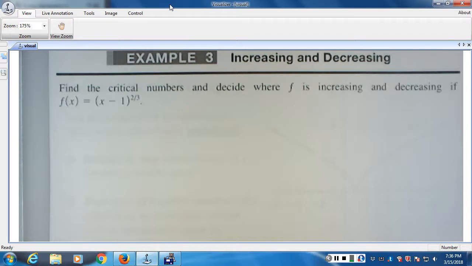So we're going to follow the same process we followed a minute ago. We're going to find the first derivative. Can everybody find the first derivative? It's a chain rule function, but it's not a hard chain rule function.